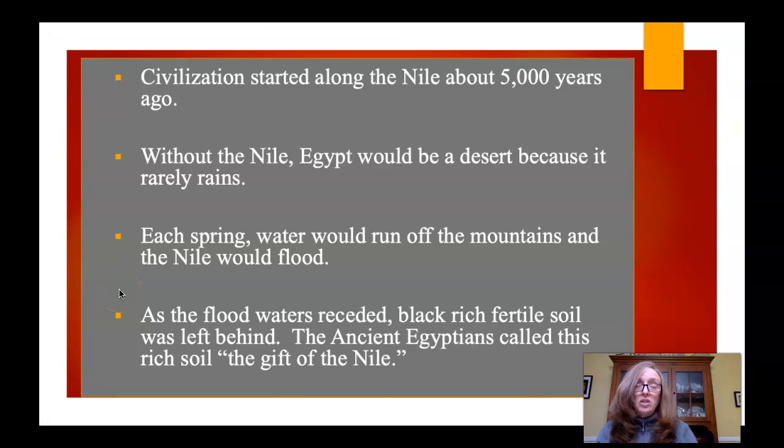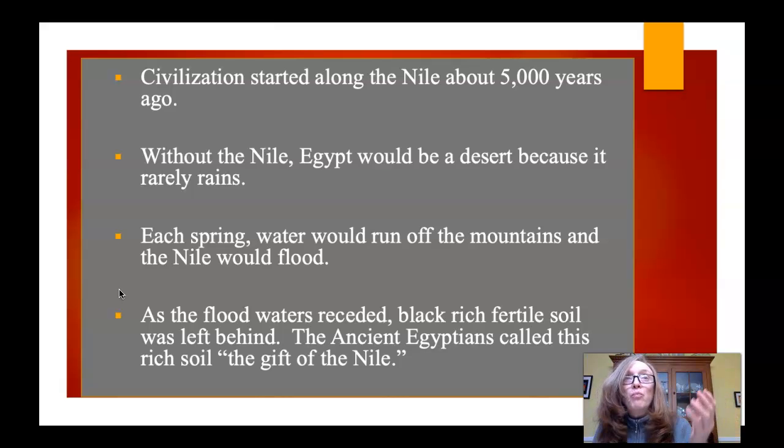The civilization along the Nile started to develop about 5,000 years ago. And one of the things to think about is if the Egyptians didn't have the Nile River, they would literally have only desert because it rarely rains in Egypt. And that flooding cycle is very predictable, and it's not as destructive as the flooding that occurred with the Tigris and Euphrates River.